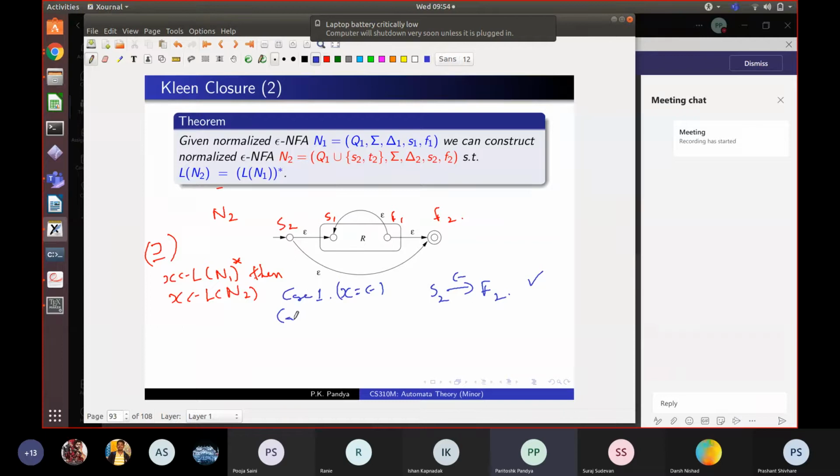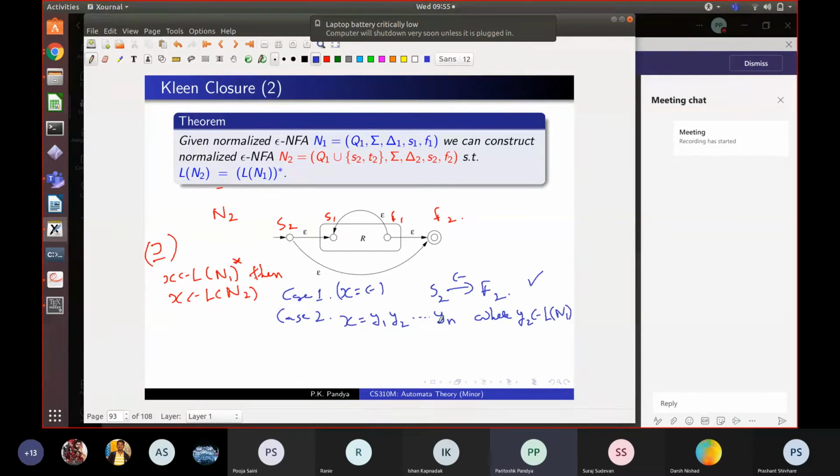Case 2 is what? What are the other kind of words other than epsilon which belong to the Kleene closure of a language? X is of the form y1 followed by y2 followed by some yn, where each yi belongs to the language of N1.